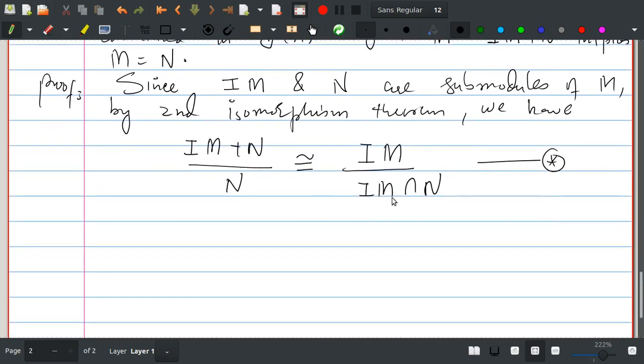Note that the intersection of two submodules is a submodule, so this is a submodule of IM.